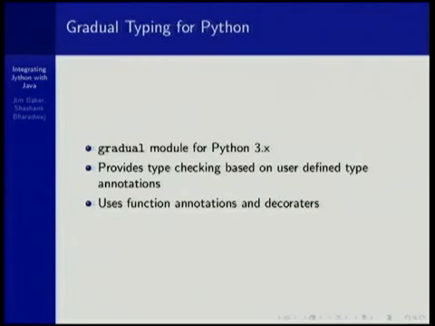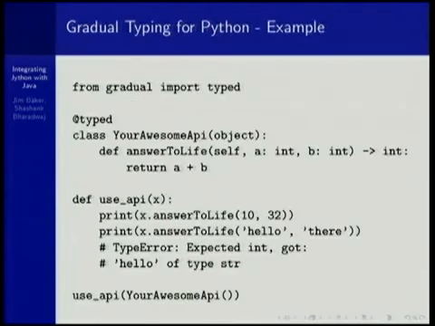What it basically provides is type checking for your code, and you can now have statically typed parts of Python code, and this can be checked at runtime so that you don't have to do this checking yourself. So here's an example.